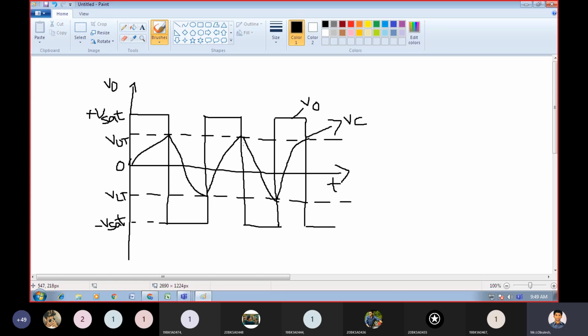The next is frequency of oscillations. Put a heading. What is the frequency of oscillations?